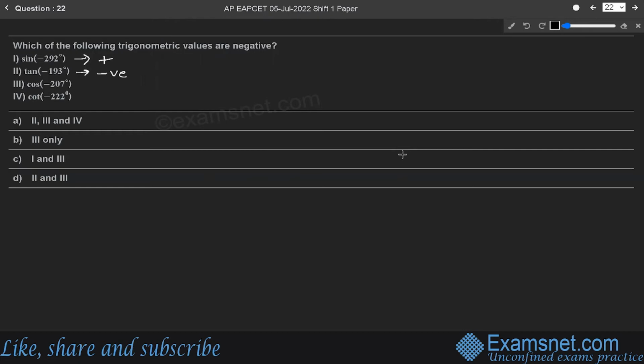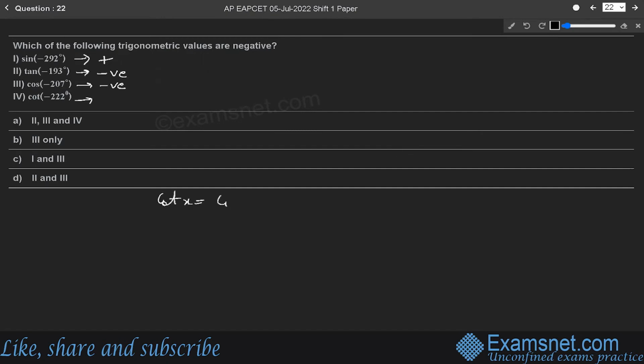Third is cos of minus 207 degree. Cos of minus 207 degree is in the second quadrant as well. And we know that cos is negative here. So its value will be negative. And the last part is cot of minus 222 degree. It is in the third quadrant. Both sin and cos are negative here. But cot x is equal to cos x upon sin x, as we have seen in the previous question.